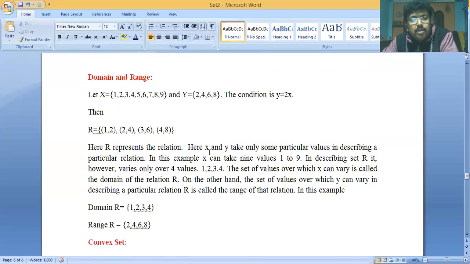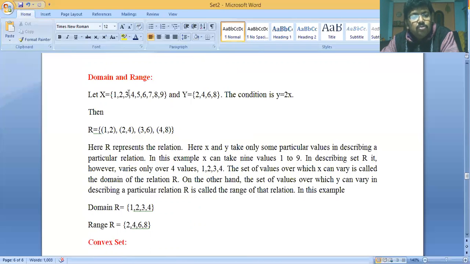Here R represents the relation. And X and Y take only some particular values in describing a particular relation. X and Y take some particular values to fulfill this relation. So, in this example, X can take 9 values, 1 to 9. In describing the set R, that is the relation, however, X varies only over 4 values, 1, 2, 3, 4.